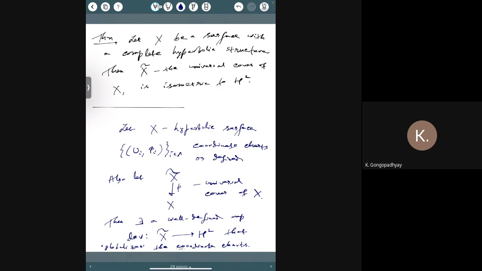I am not defining what a developing map is, and there is a homomorphism, which is called holonomy, from the fundamental group of the surface to PSL2R.